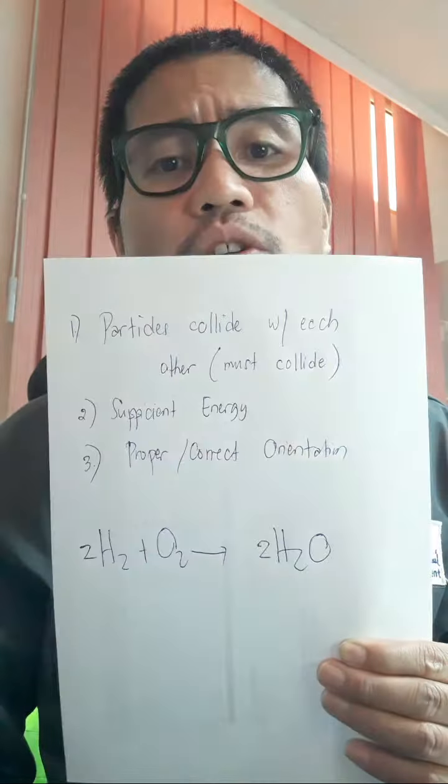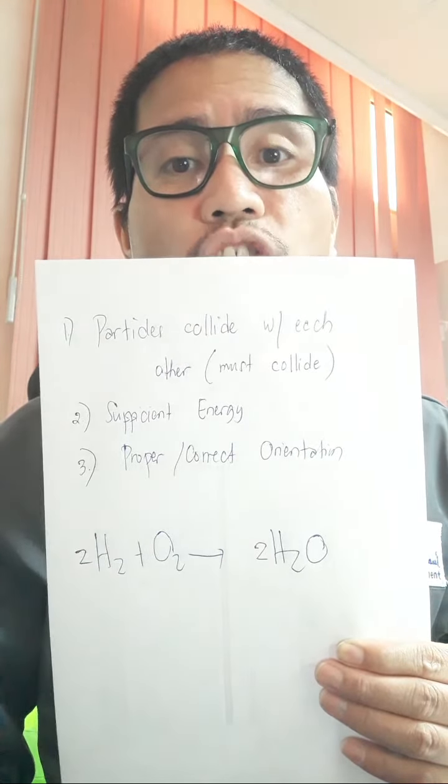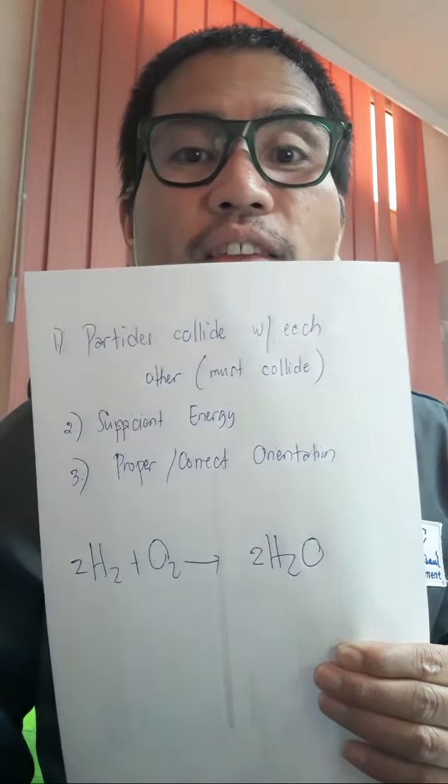So this is what collision theory is all about, and this is also related to the Arrhenius equation. Because in the Arrhenius equation there's an activation energy, which starts from: rate constant k equals the pre-exponential factor A times e to the negative Ea over RT.